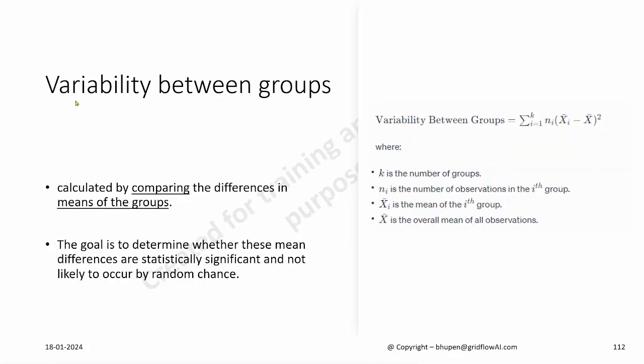Now the next one is variability between the groups. Now we are comparing the differences in the means between the groups. More or less the same, the difference is we're also going to compute the mean of all the groups together.